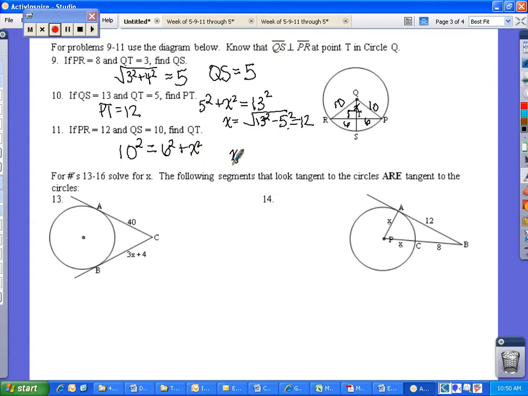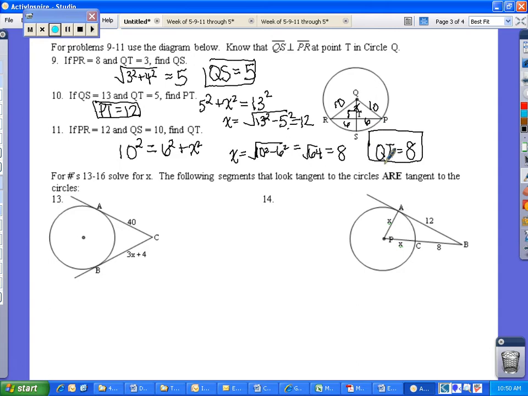And x is going to equal the square root of 10 squared minus 6 squared. So therefore that's 100 minus 36, which is the square root of 64, which is 8. So QT equals 8. Alright, so QS is 5, PT is 12, and QT is 8.